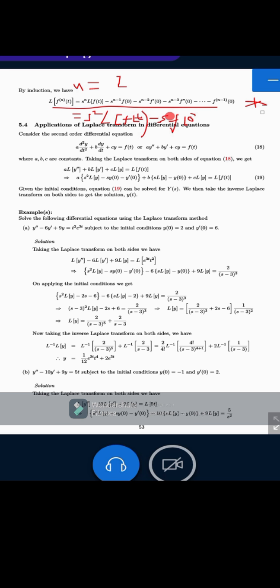Then 2 minus 2 is 0, so s to power 0 is 1, so we have minus f prime of 0.